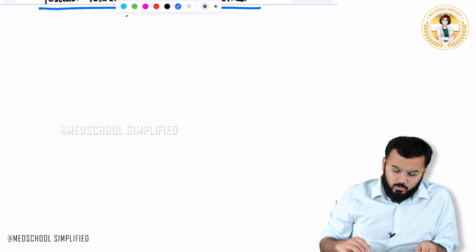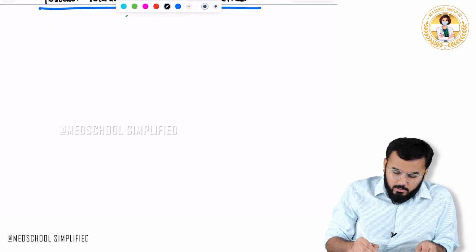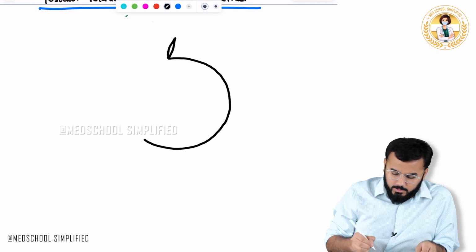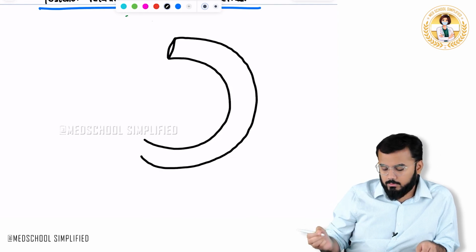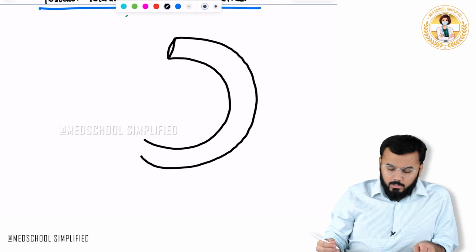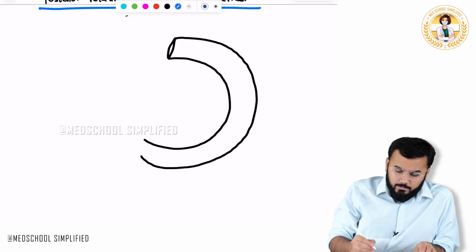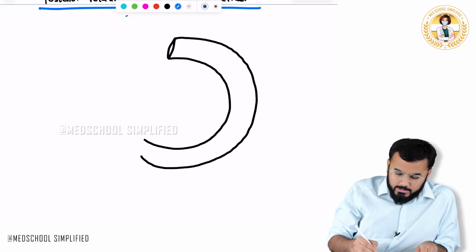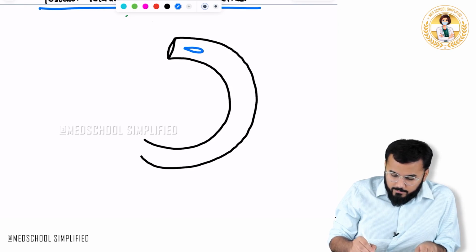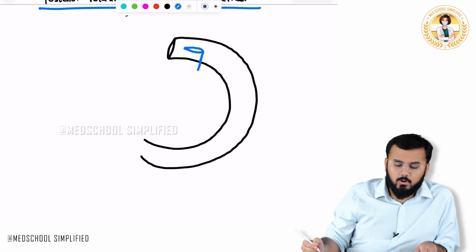Again the same thing, let me draw the duodenum over here. So this is your duodenum in this way. Now within this duodenum, let me first of all draw the picture and then it would be very easy for you. So here exactly you have got a vein and this is called the portal vein, all of you know.